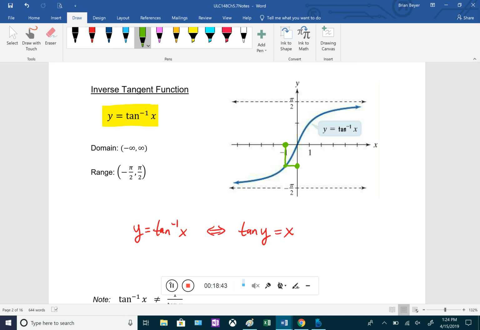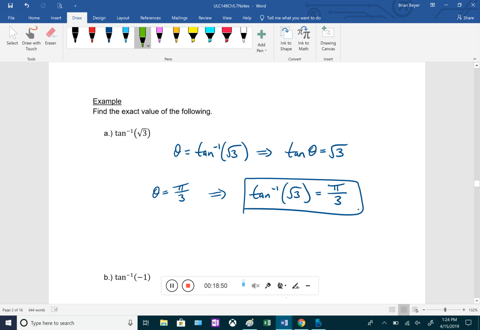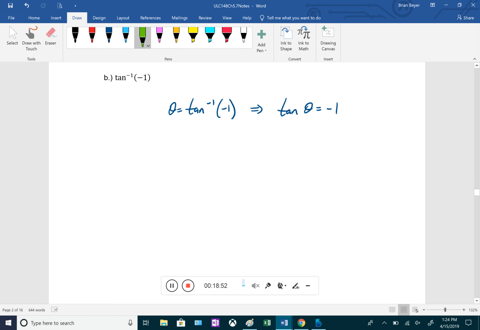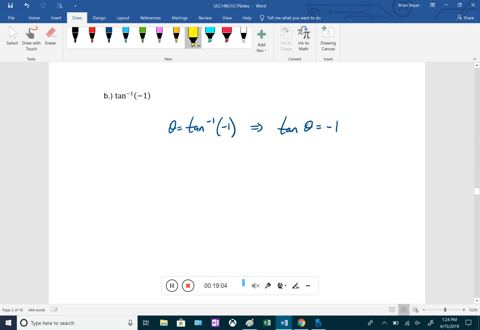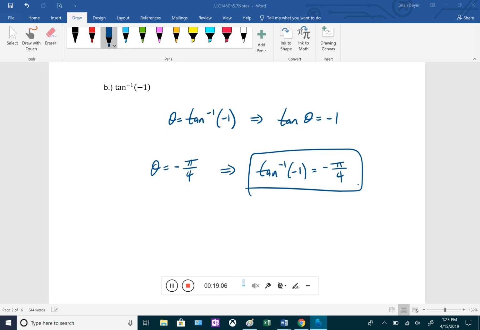So it's a completely opposite way of thinking about it when you're thinking in terms of tangent or in terms of tan inverse. Okay, if we go up to the table here, tangent of theta is negative 1 right here. The theta value is actually negative pi over 4. So that would be our answer for that one: tan inverse of negative 1 equals negative pi over 4.